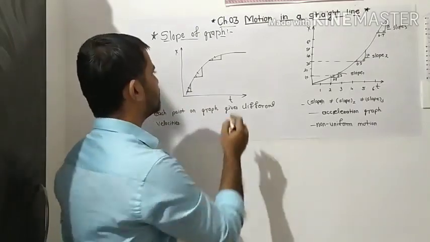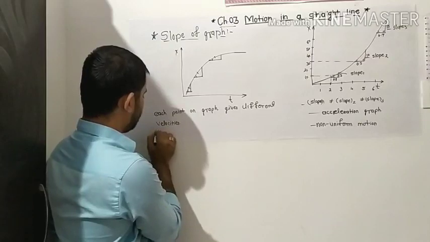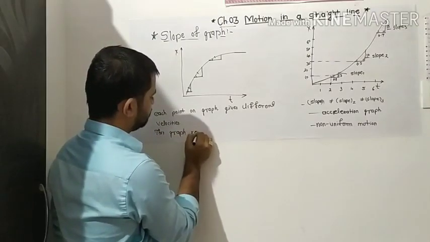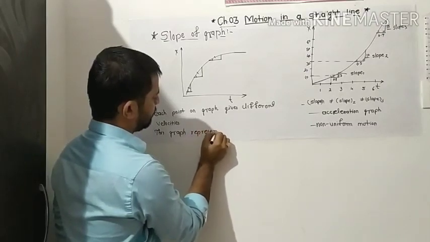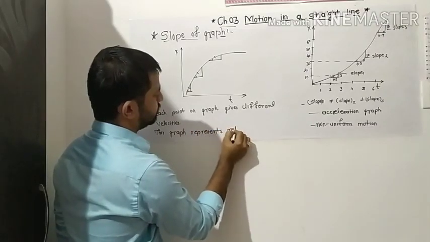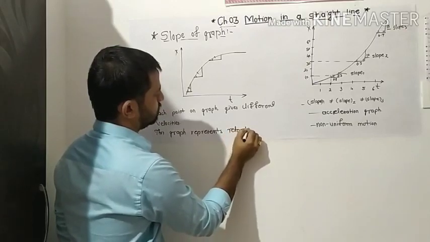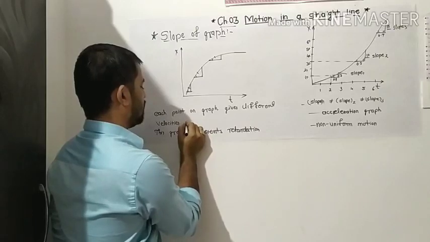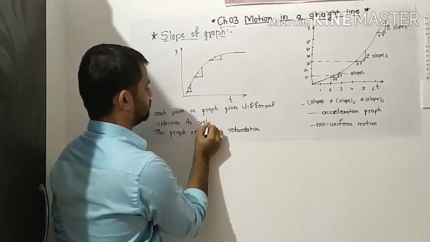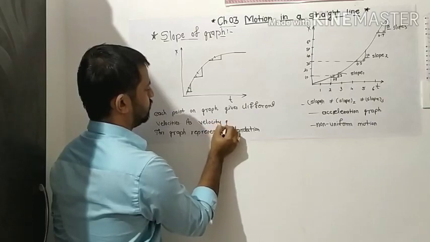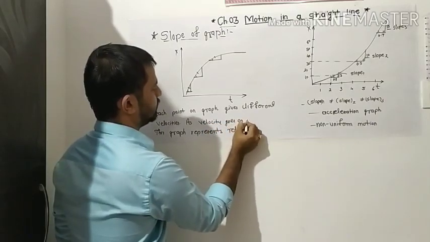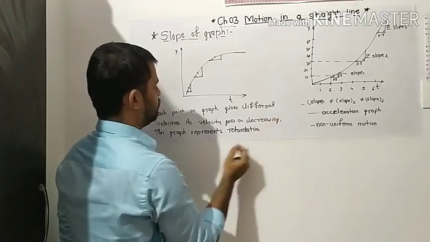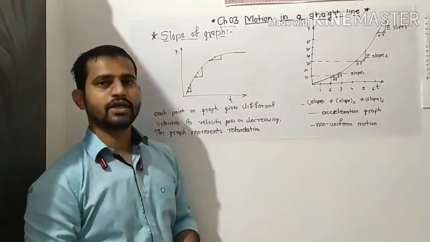So this graph represents retardation. As the velocity goes on decreasing, this graph represents the retardation.